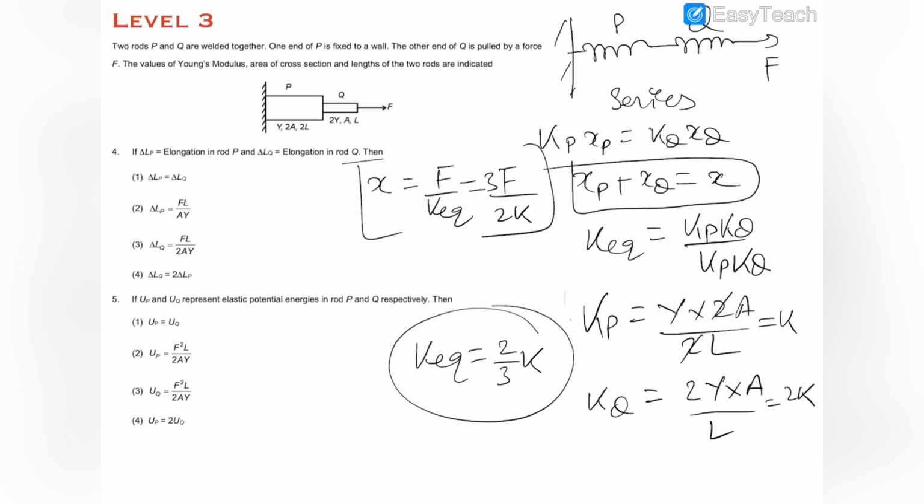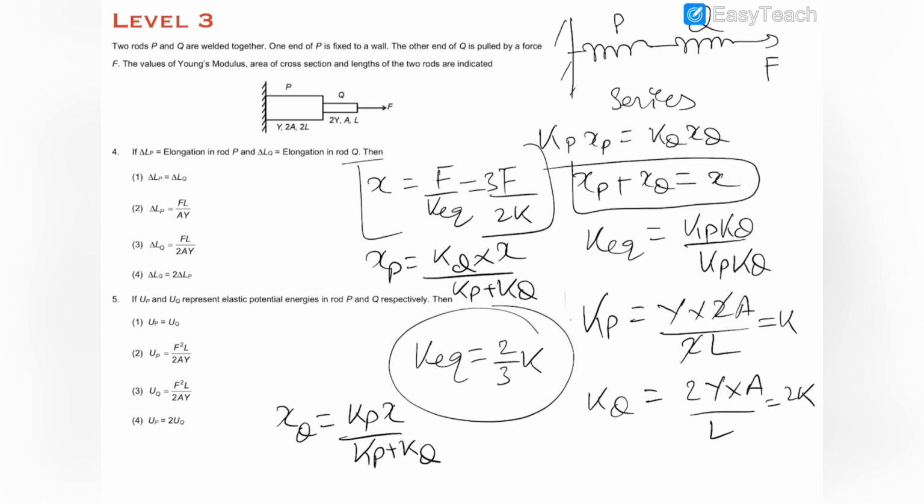So it would be F upon 2K by 3. And if we divide Xp and Xq in this ratio such that Xp by Xq is equal to Kq by Kp, we can write that Xp will be equal to Kq into X upon Kp plus Kq, and Xq will be equal to Kp into X upon Kp plus Kq.